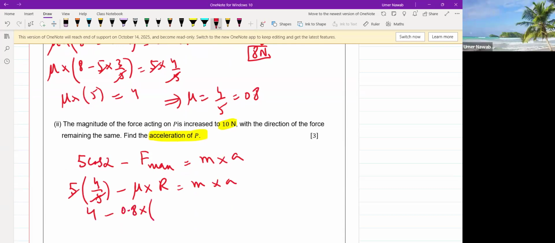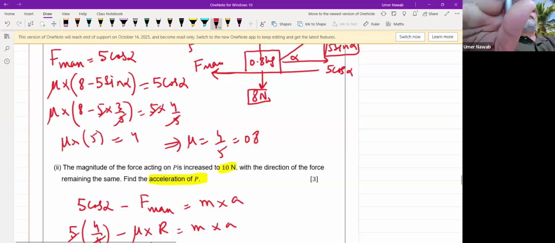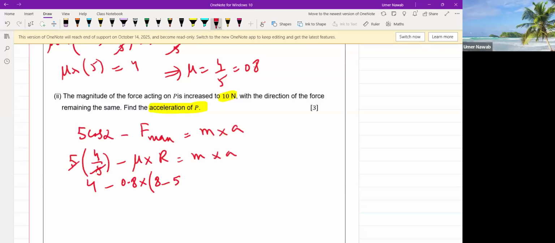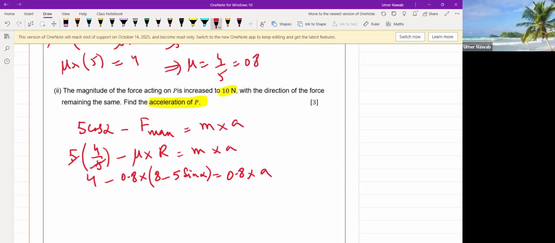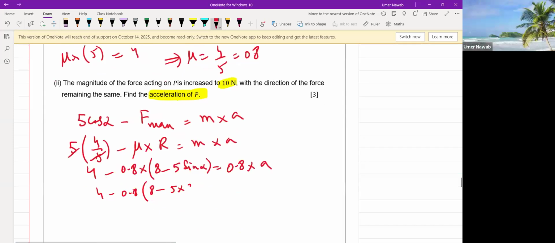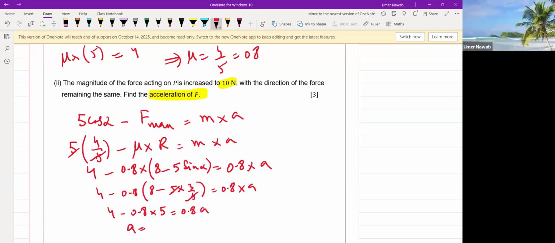Reaction is 8 minus 5 sine of alpha, and the mass is 0.8 times acceleration. So 8 minus 0.8 times 8 minus 10 times sine of alpha, which was 3 over 5, is equal to 0.8 times a. Then you use the equation solver, and that gives you a is equal to 8 meters per second squared.